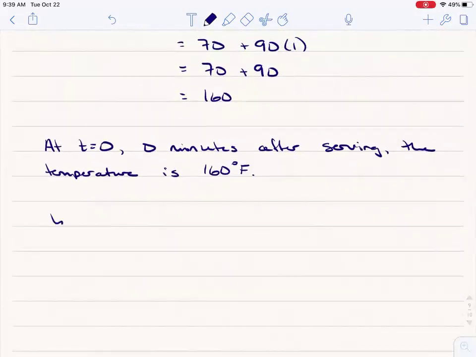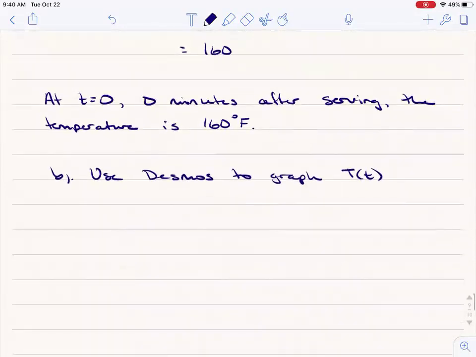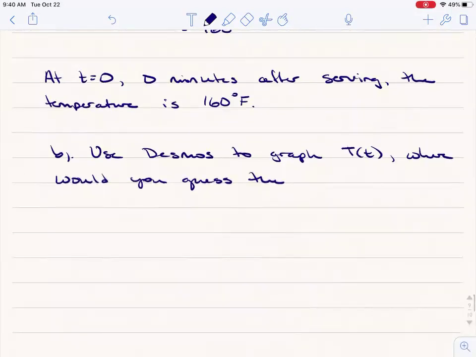Good. Part B, we're going to use Desmos to graph T of t. Where would you guess the horizontal asymptote is?